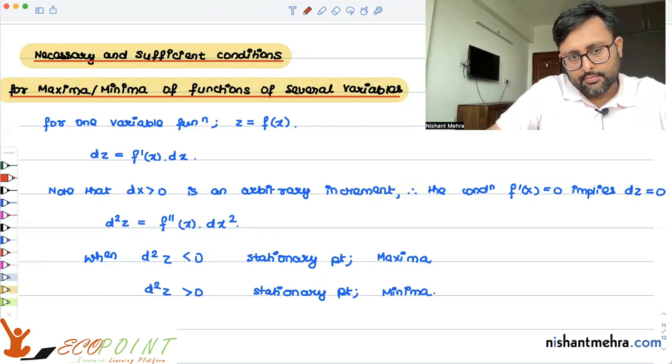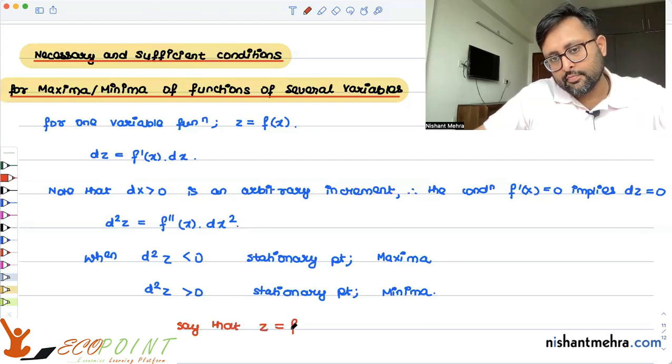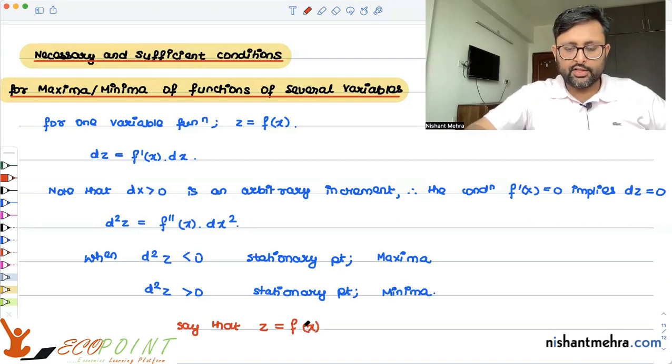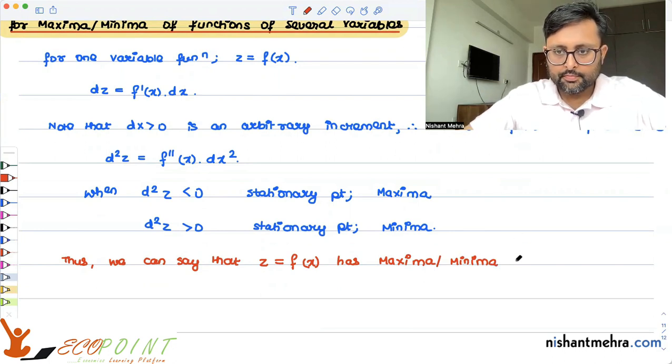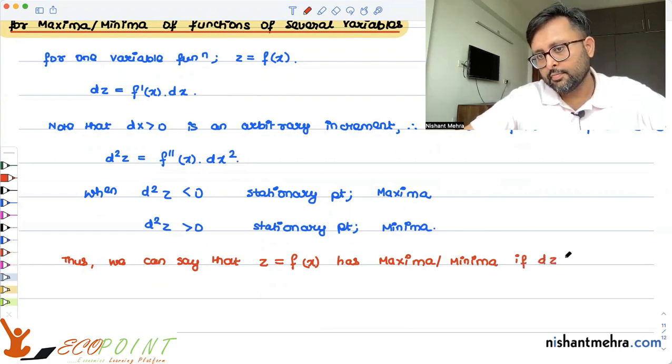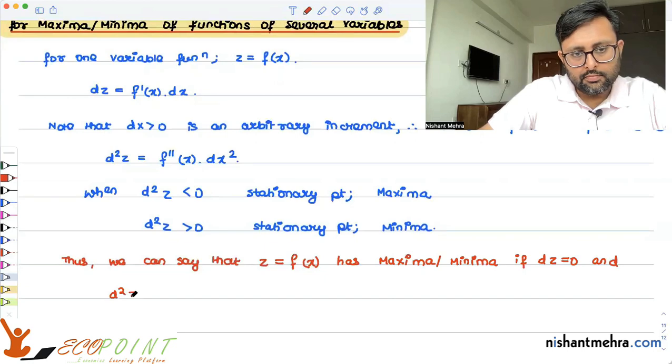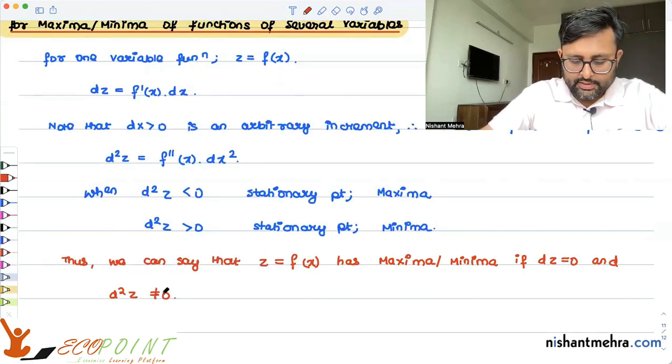Thus, we can say that z is equal to f(x) has a maximum or minima if dz is equal to 0 and d2z is not equal to 0.